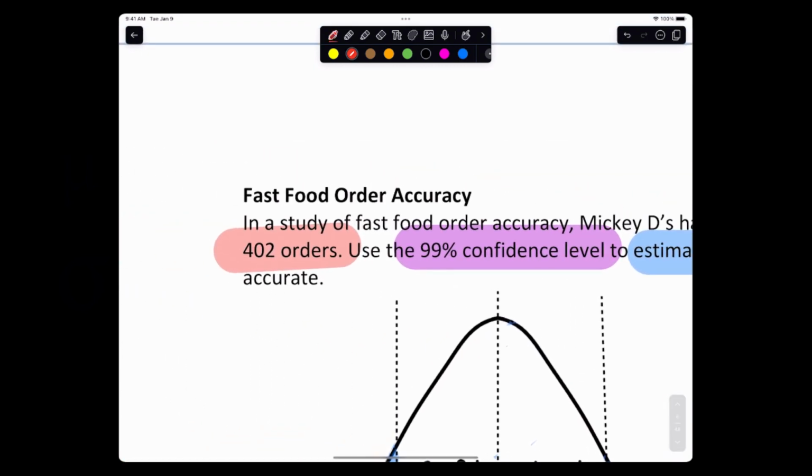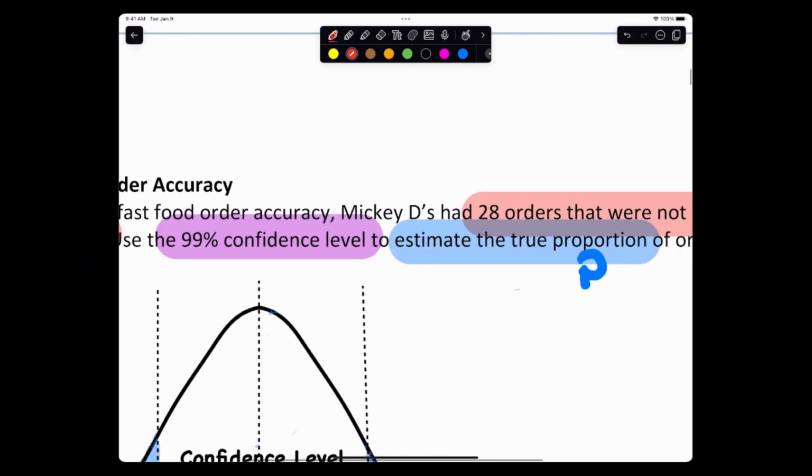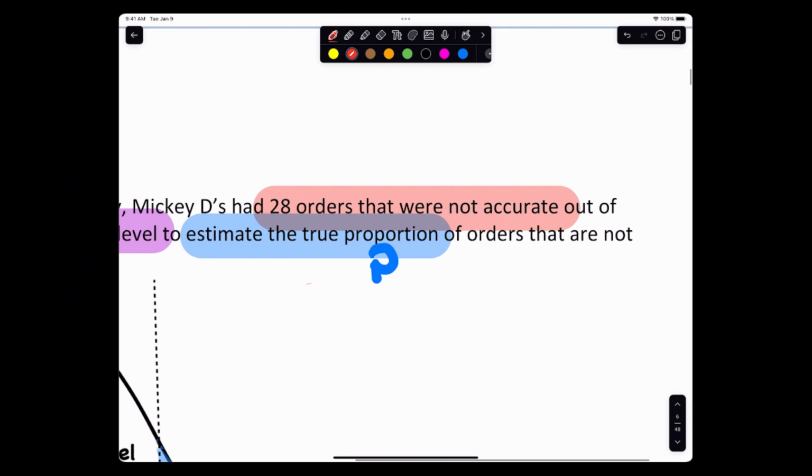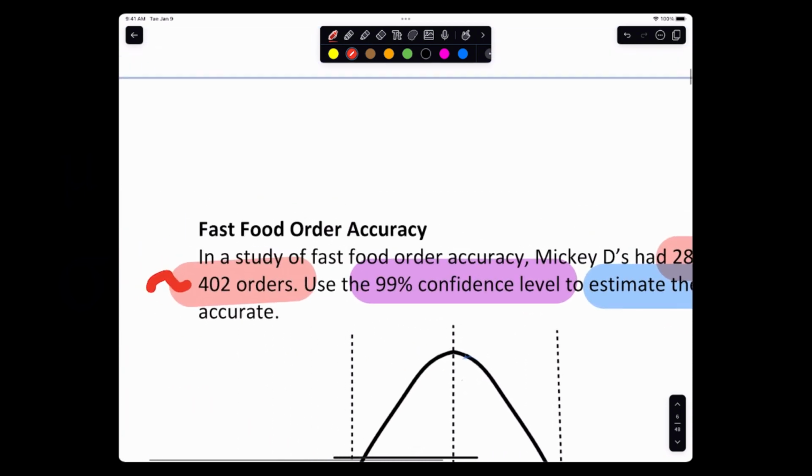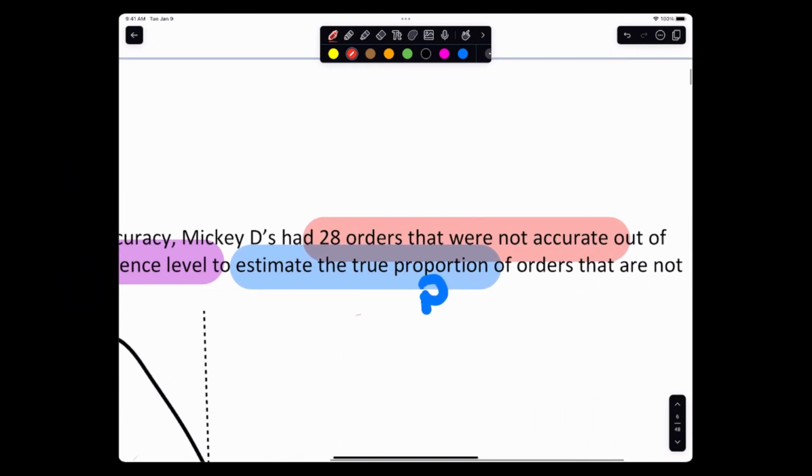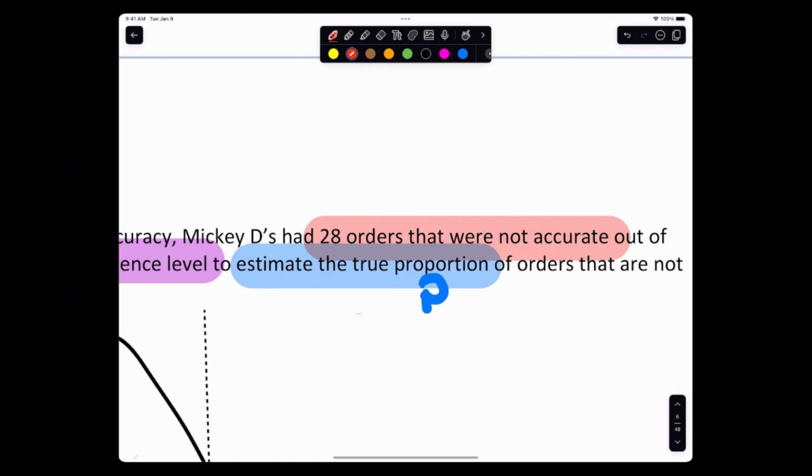402. When they say "out of," that means that's your sample size. Because it's out of 402 orders. Then what is X, and what is X counting? Orders that are not accurate.